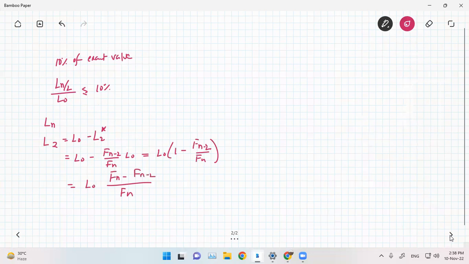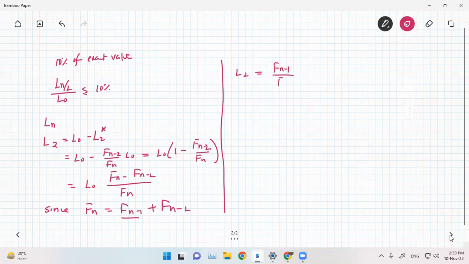As we know, Fn, the next value, is the summation of the previous two, Fn minus 1 plus Fn minus 2. So if we subtract Fn minus 2 from Fn, we actually get Fn minus 1. So from here, we can see that our L2 will be basically Fn minus 1 by Fn into L0.